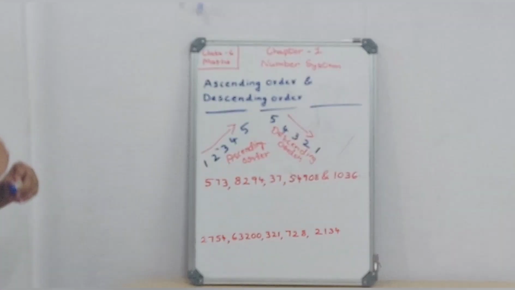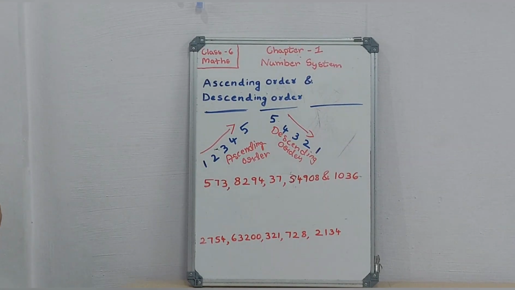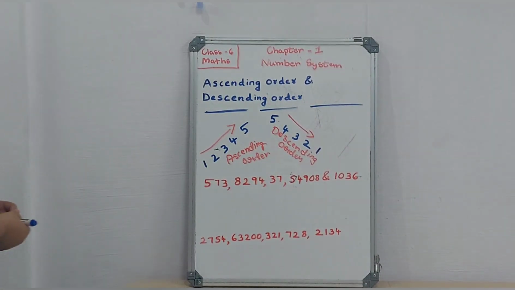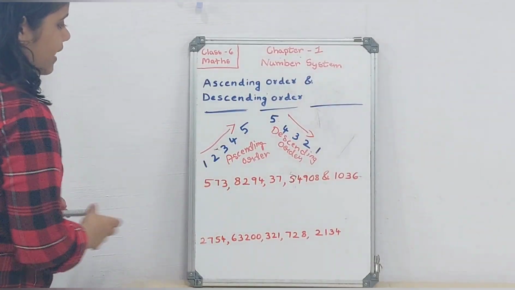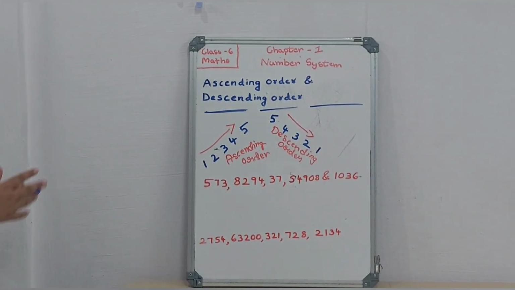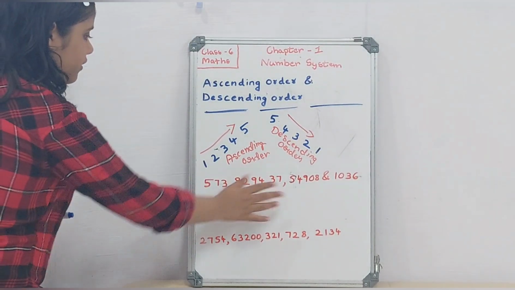Ascending order means smaller to greater. Okay, so first of all, whenever you are writing in ascending and descending, you have to write the number of digits which are there in these numbers. So far we had seen the greater number. We would find out the greater number, right? But here we are going to find out the smaller to the greater.